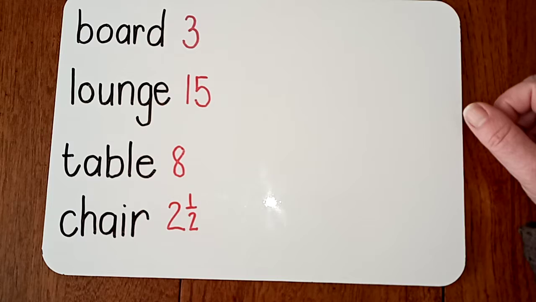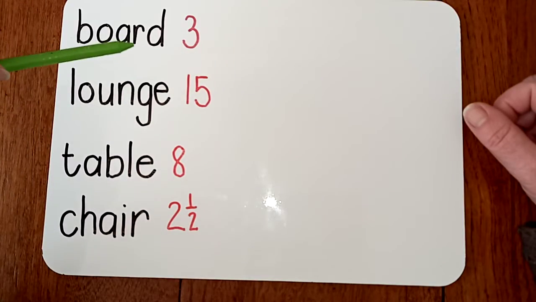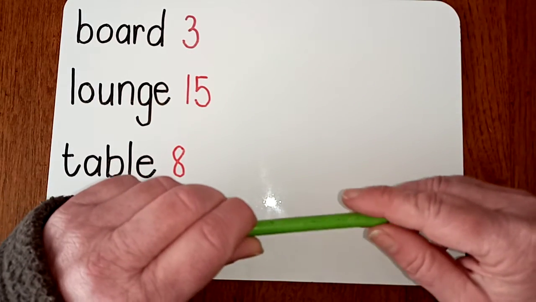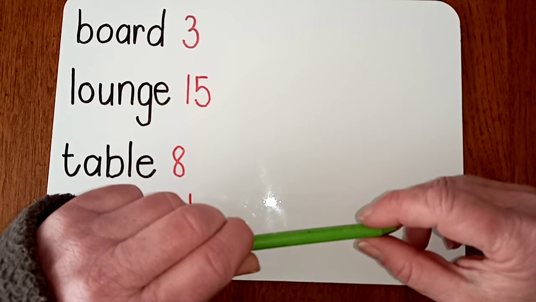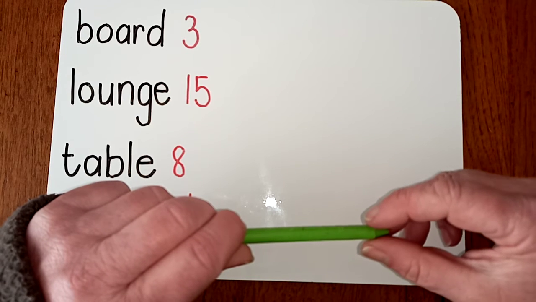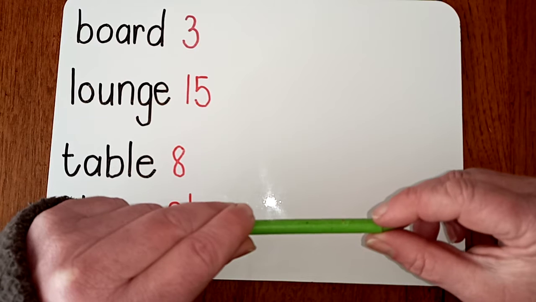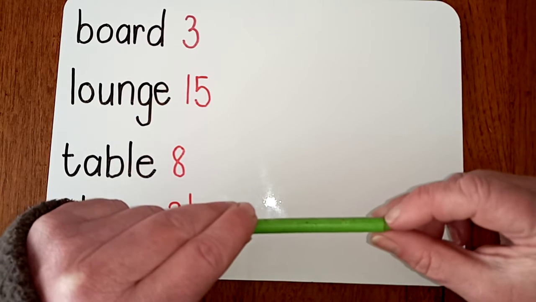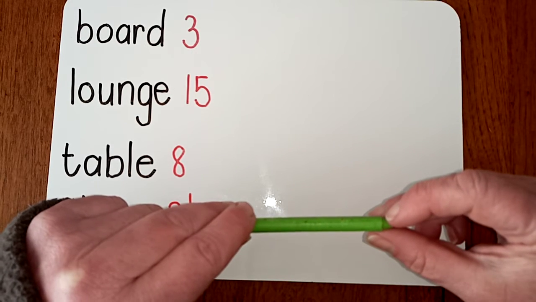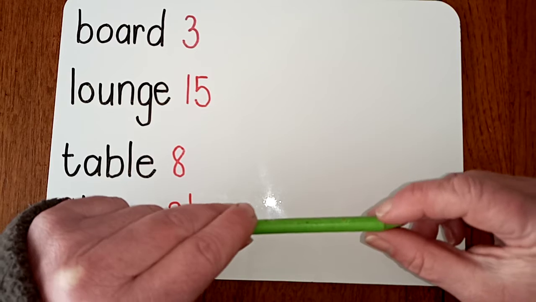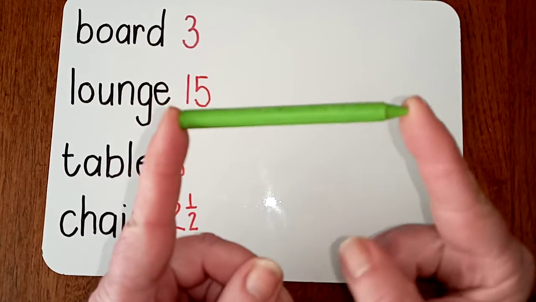And now we've seen there's a bit of a problem here. Let's have a look at what happened. I asked you to measure your board in crayons, but you probably used your waxies. Or maybe you could use your new pencil crayon. But all our crayons, especially if you've used your pencil crayon and maybe some of you have sharpened it already, are different sizes. And look at the little crayon I used.